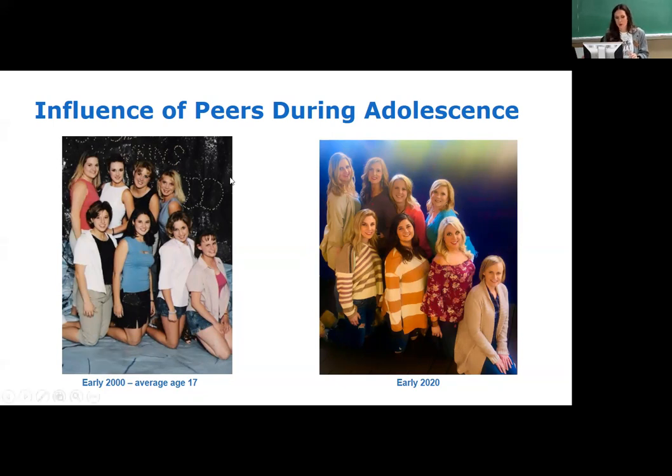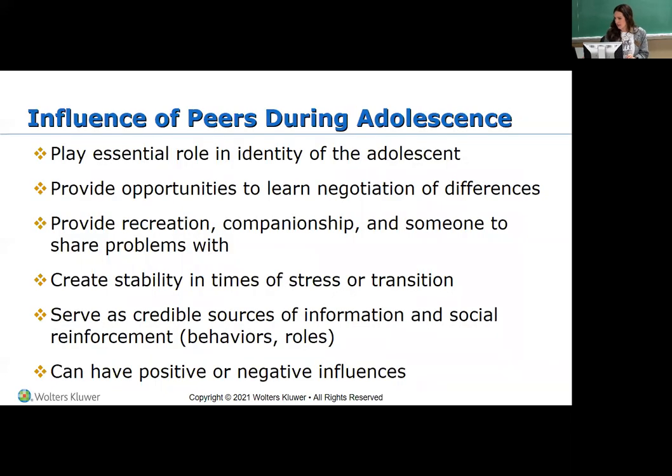So it's super important that we remember that. Who you are around helps shape you in those late adolescence and early adulthood years. I just thought this was funny to show you that there's a huge influence of peers during adolescence.